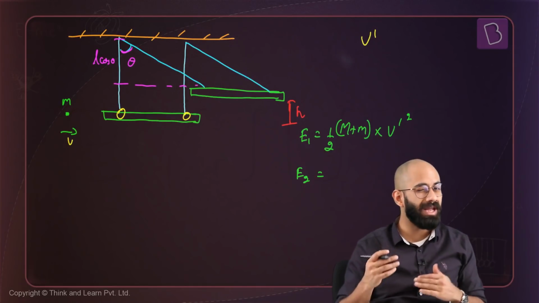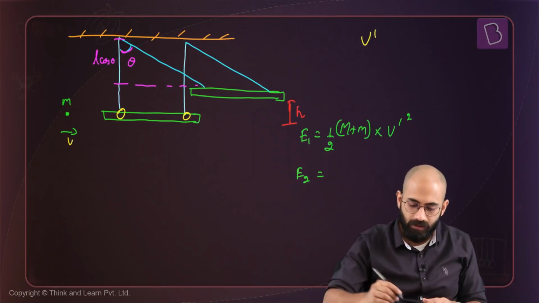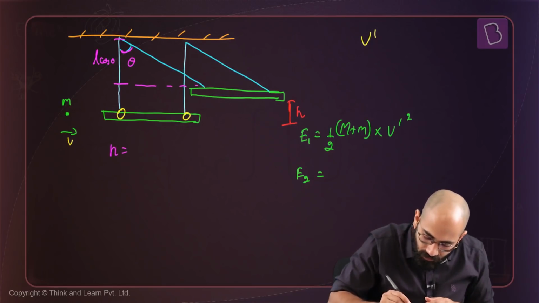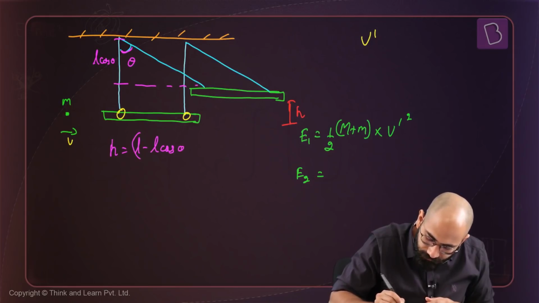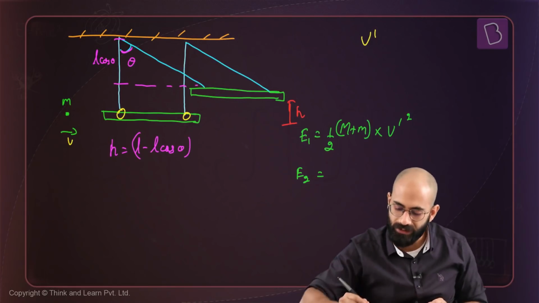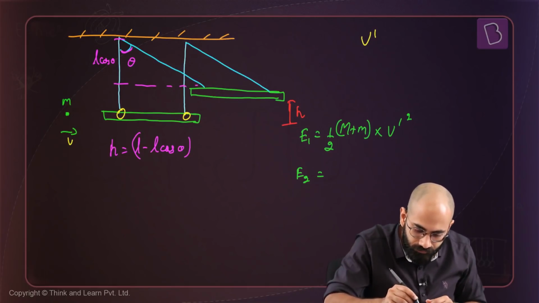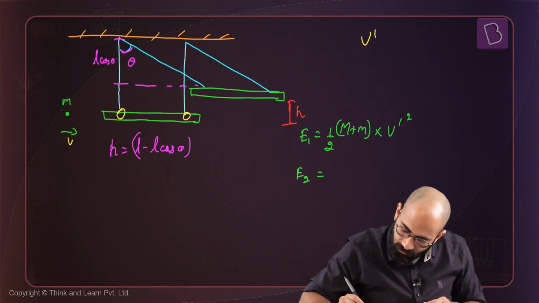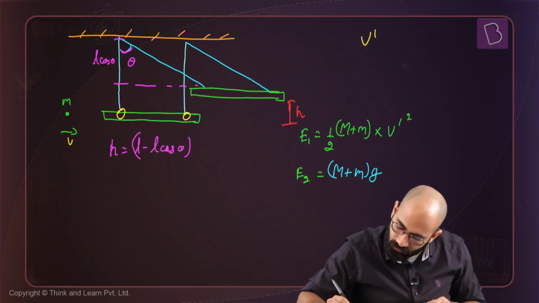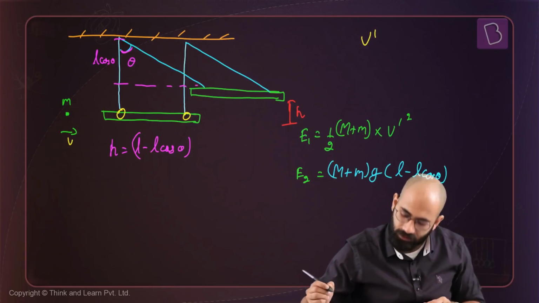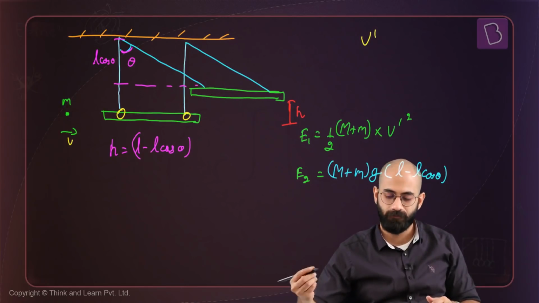So h should be equal to L minus L cos theta. So E2, the potential energy of the system, will be (M plus m) times g times (L minus L cos theta). This will be the final energy.